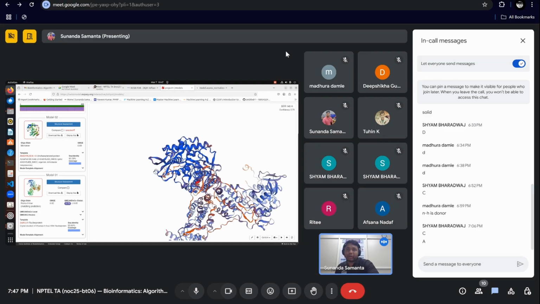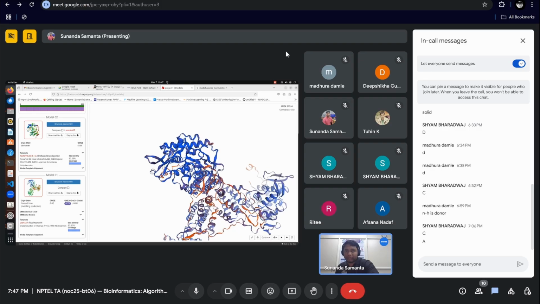And these orange colors you will notice are mostly the loop regions. The loop regions are highly flexible, and a number of conformational orientations can be present there. So the proper folding conformation can vary, and a high confidence level is not possible for these loop regions in a lot of cases, right?